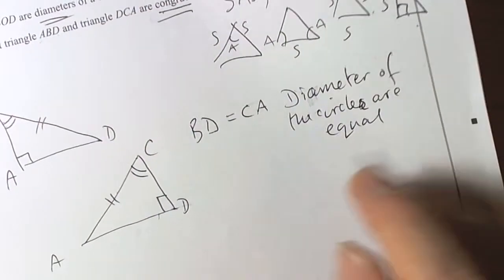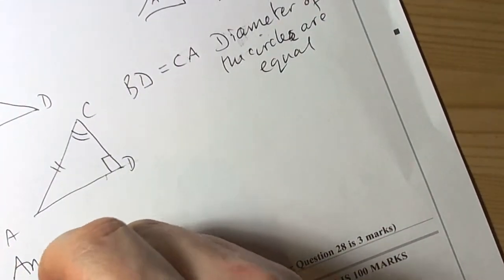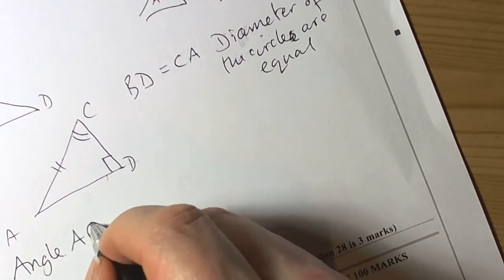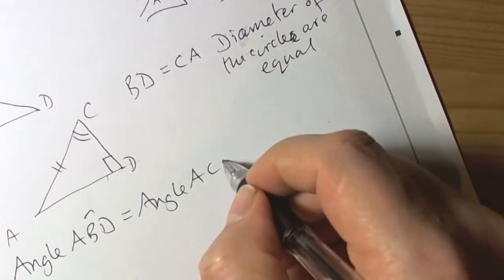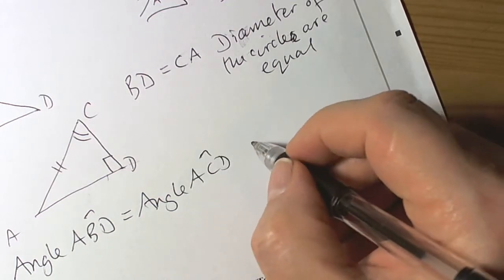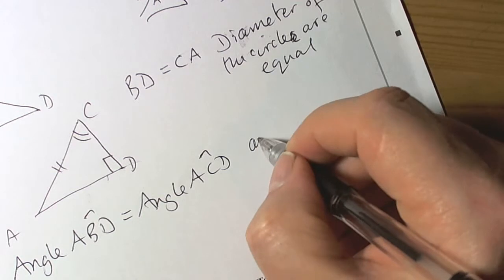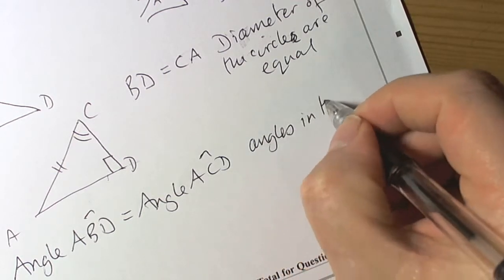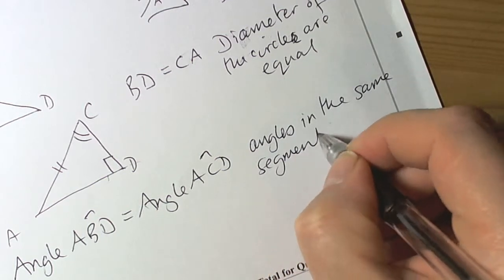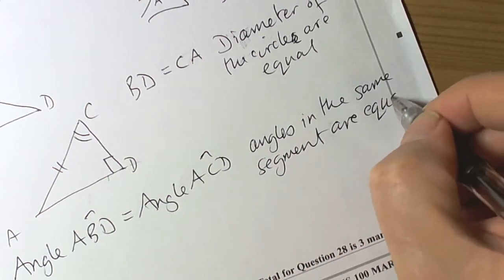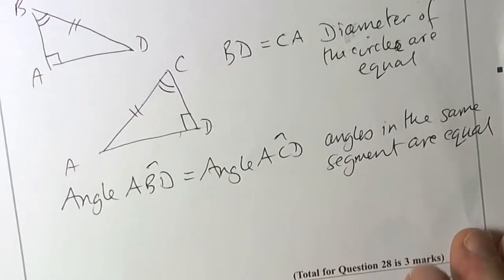So we can say that angle ABD equals angle ACD, and we can use the proof that angles in the same segment are equal. So that's got those two angles.